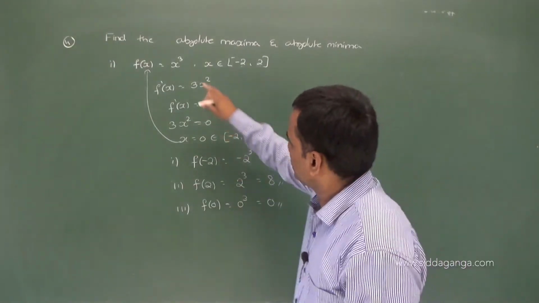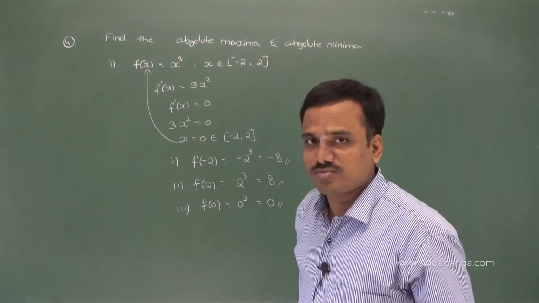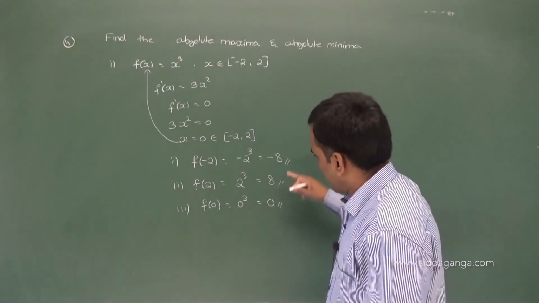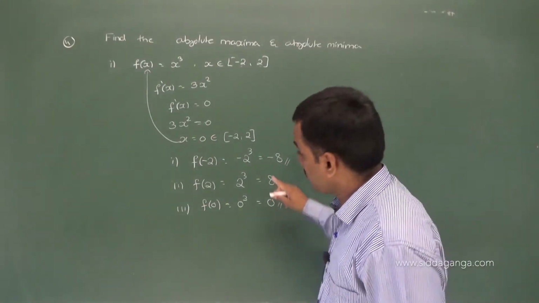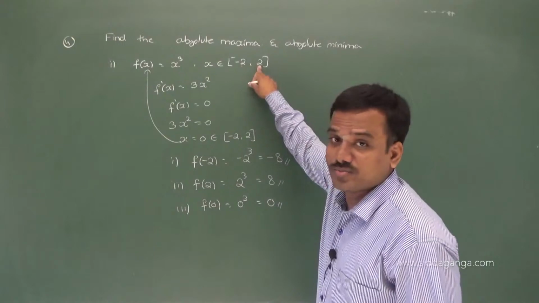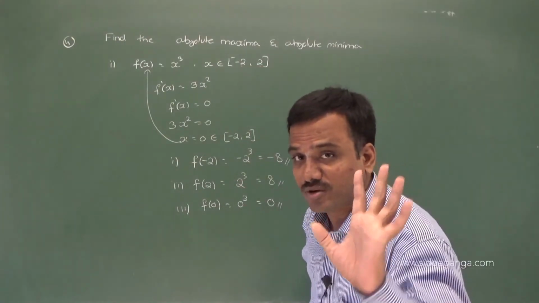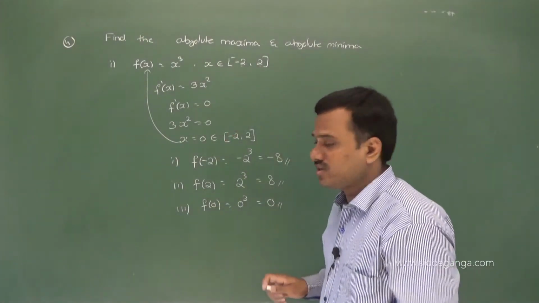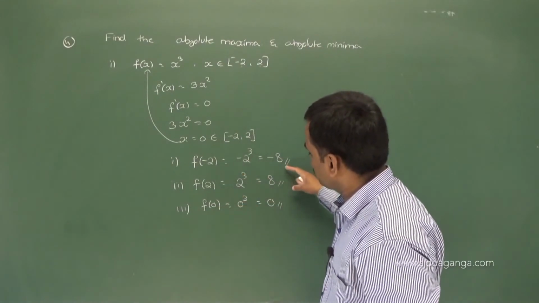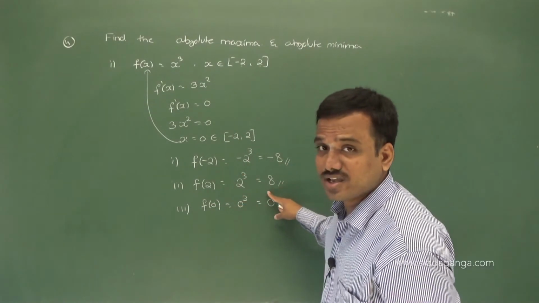What did he ask? He asked for the absolute maximum and absolute minimum value. Among these values, including the end points, because a closed interval has been given, which one is highest? 8 is the highest.